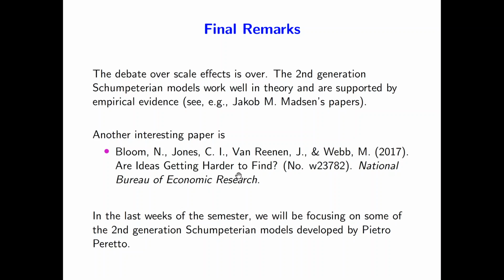And the last remark is that in the last couple of weeks of this semester, we'll be focusing on some of the second generation Schumpeterian models. All right, mostly we're going to look at Peretto's models. Why? Because I think they are nicer than other types of second generation models. Peretto works with this hyper-general equilibrium setup.